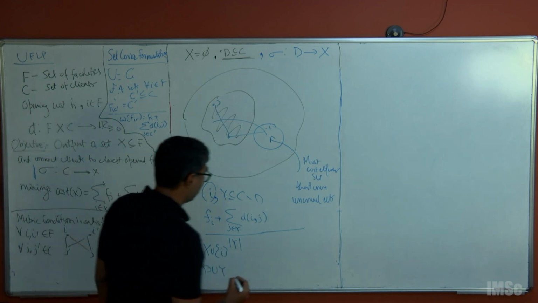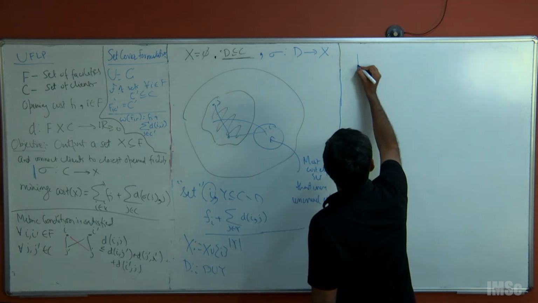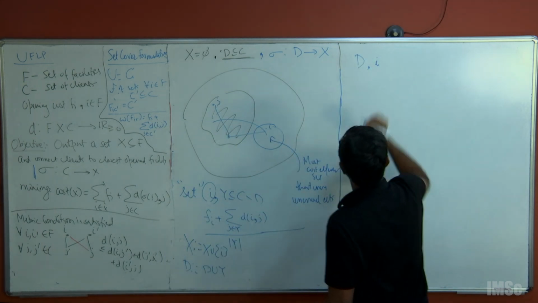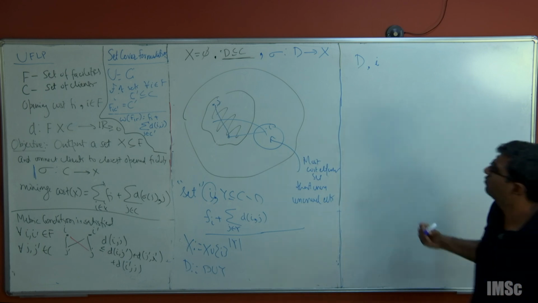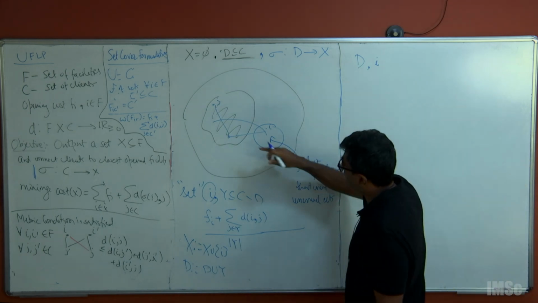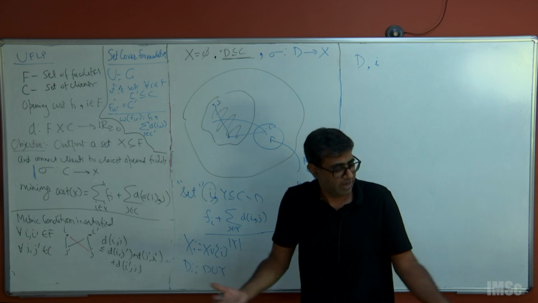So this is what we define. Given a set D and a facility I, what is the change if the clients in D are assigned to I? And what we said is that if someone is already at its closest, it will not like to change.